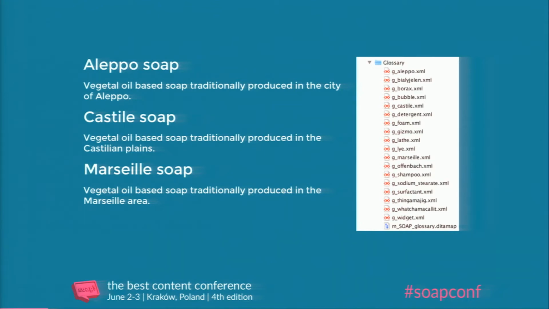So each glossary term is a separate XML file. And this is a short list, roughly 20 terms now, made just for this presentation purpose. But if you think about a whole company, large companies, this can be hundreds, thousands, maybe.